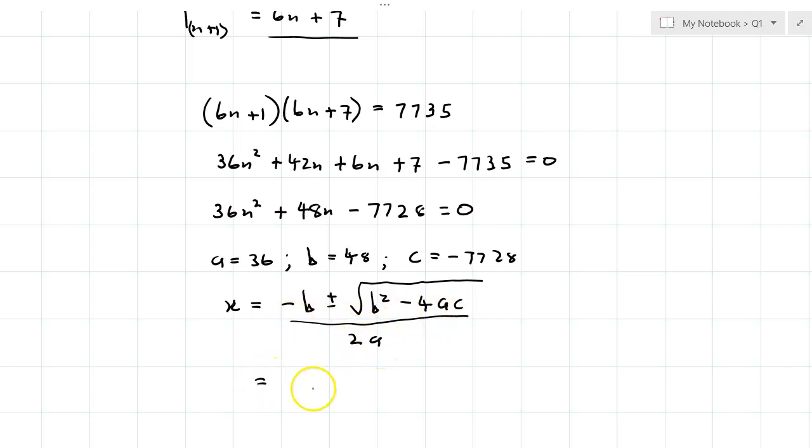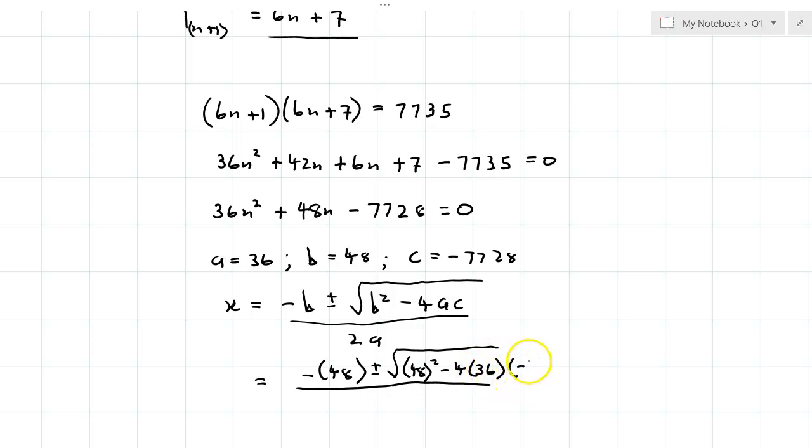So let's substitute: minus 48 plus minus square root of 48 squared minus 4 times 36 times minus 7,728, all over 2 times 36.